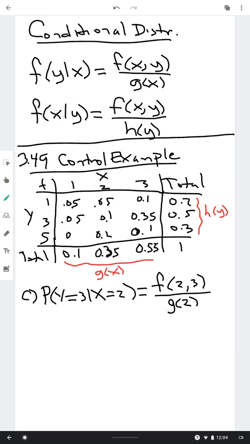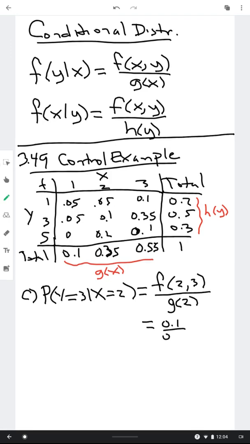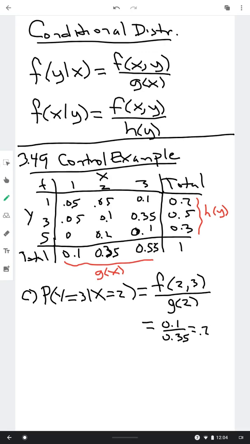So we get 0.1 over 0.35, or that's about 0.286. Okay. So that was pretty straightforward, not too difficult when you're dealing with a discrete random variable.